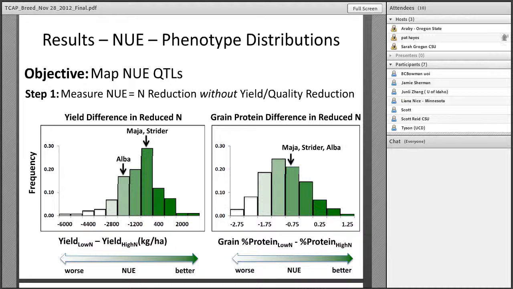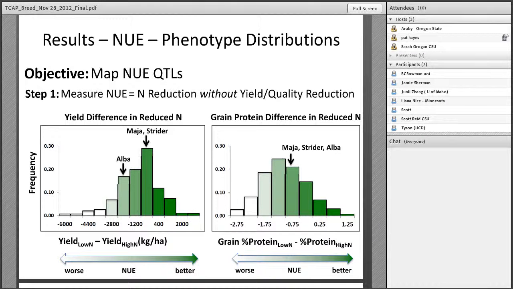So for yield, I'd be looking at the difference between the yield at the low nitrogen level minus the yield at the high nitrogen level. And of course, the more negative this difference is, the worse the nitrogen use efficiency of the line is; the less negative this difference is, the better.